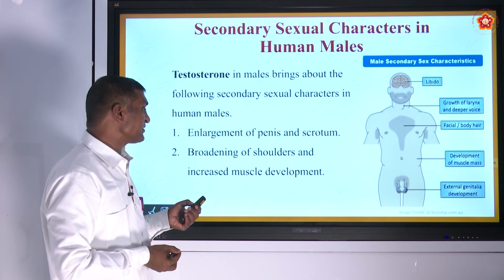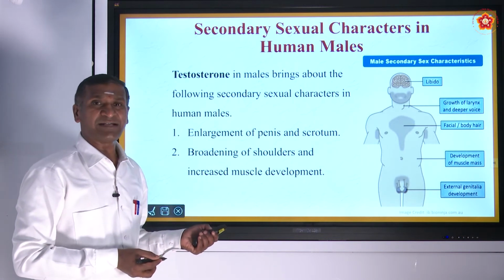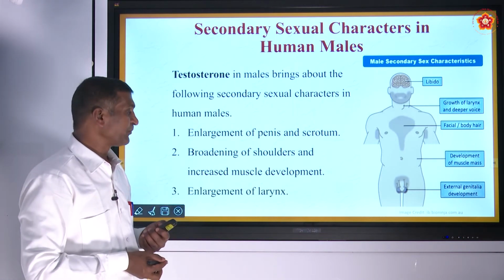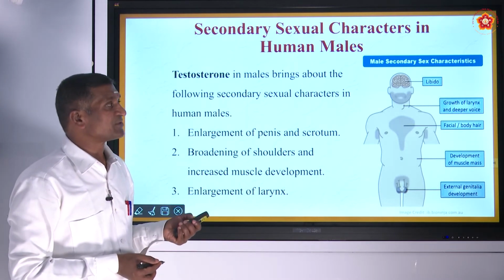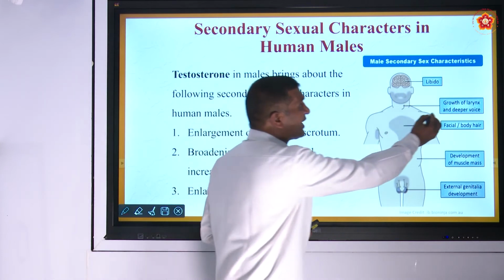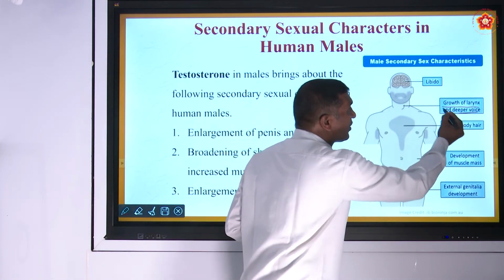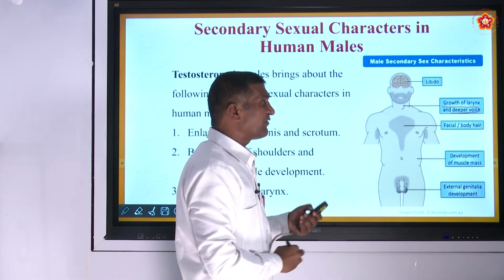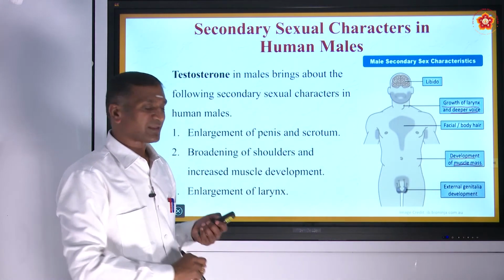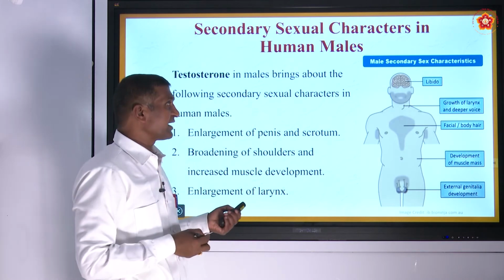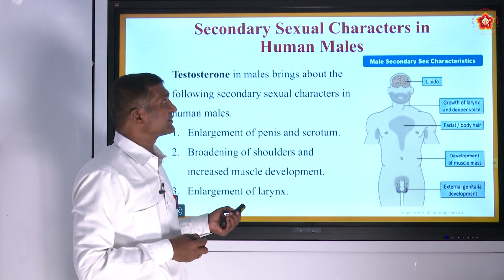Broadening of shoulders and increased muscle development in males. Enlargement of the larynx, you can observe the growth of the larynx and deepening of the voice. Development of muscle mass. These are all the secondary sexual characters in males.